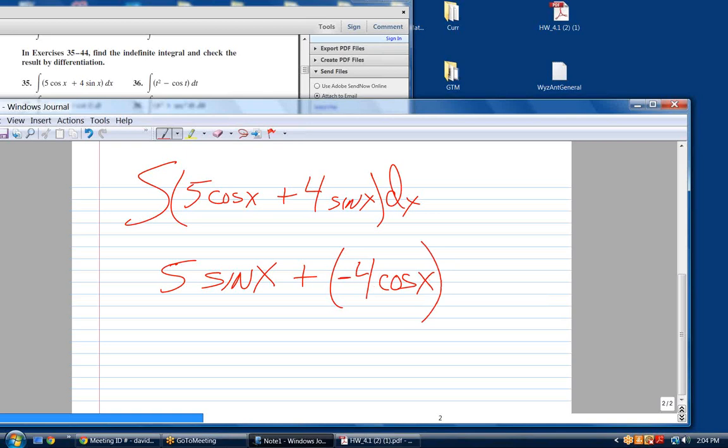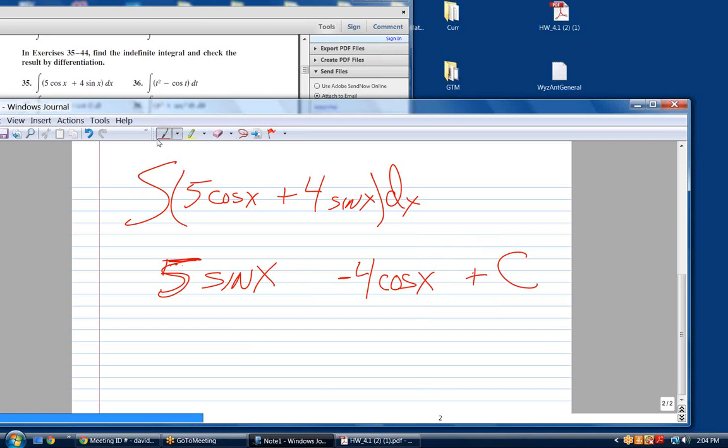In other words, you're just reversing everything. And this is a 5, not an integral sign, and plus c. So if I want to remove these parentheses, I remove the plus sign, and minus 4 cosine. There's my answer.